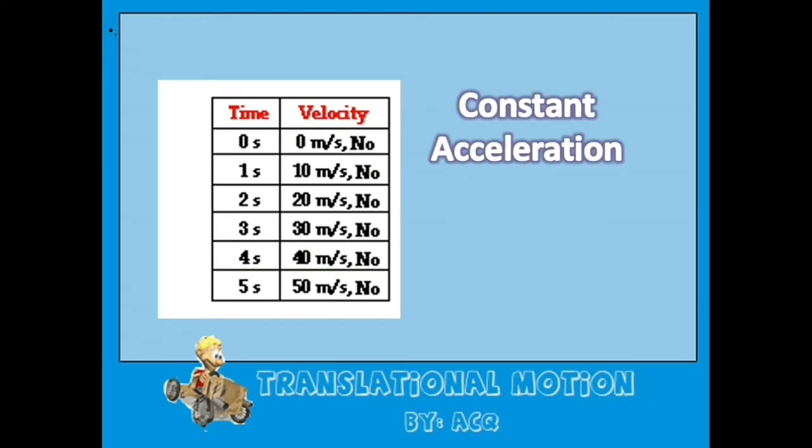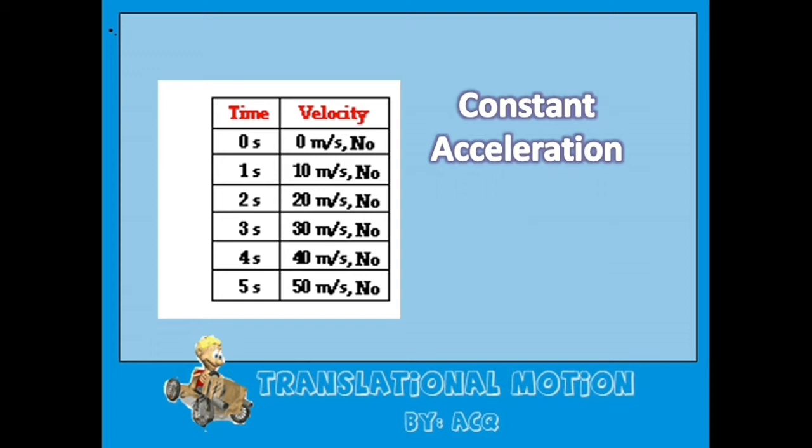Okay, looking at the table here, you can see at 0 seconds it was 0 meters per second, so it was at rest. After 1 second, it changed to 10 meters per second. After 2 seconds, it changed to 20 meters per second. So you can see that the velocity has increased by how much? By 10 meters per second. So 10 additional 10, another additional 10.